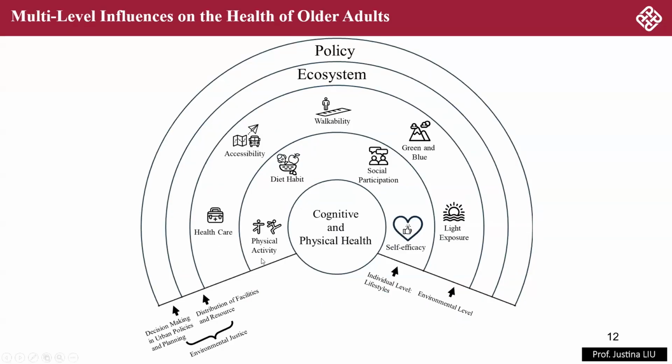There is already lots of evidence suggesting that if an older person can maintain a physically active lifestyle, they can enhance their overall health. Similarly, healthy diet habits can also enhance both their physical and cognitive health, because lots of evidence suggests that the Mediterranean diet can enhance our cognitive health.